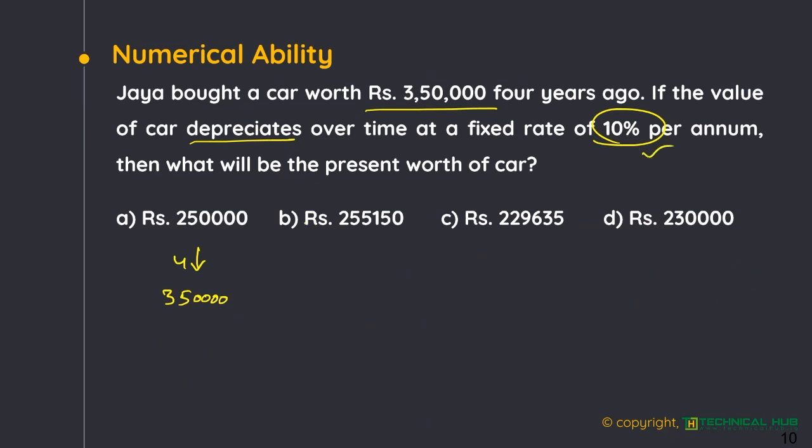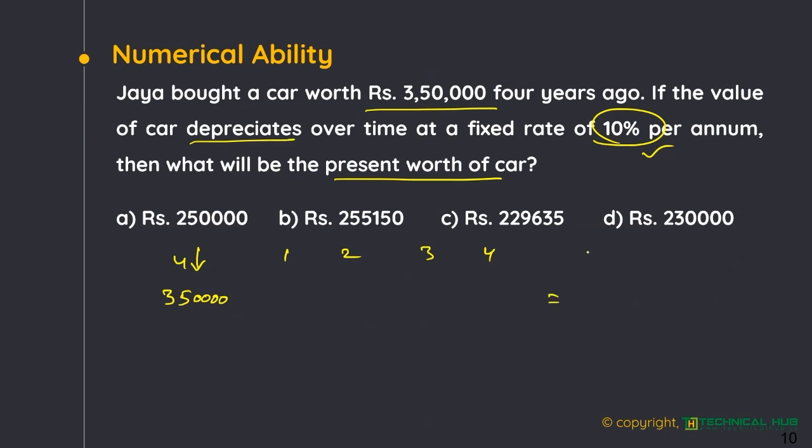4 years ago the car was bought, and now the question is, what will be the present worth of the car? 4 years ago to present, how many years are required? 4 years. 1, 2, 3, 4. Right? Once it is done, we are at present. We need to calculate this value.